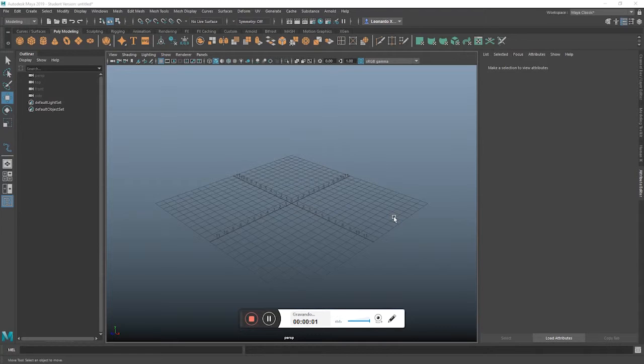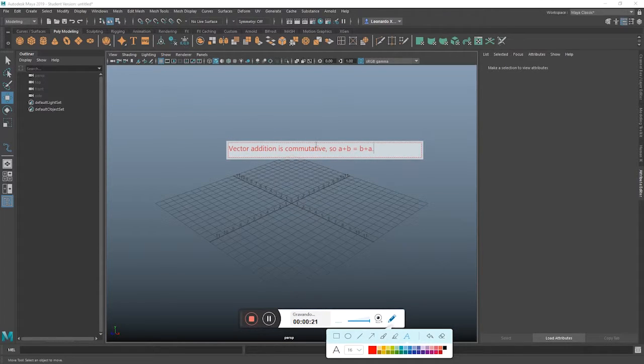So now I'm going to talk about how to add and subtract vectors. The rule for vector addition is that vector addition is commutative.